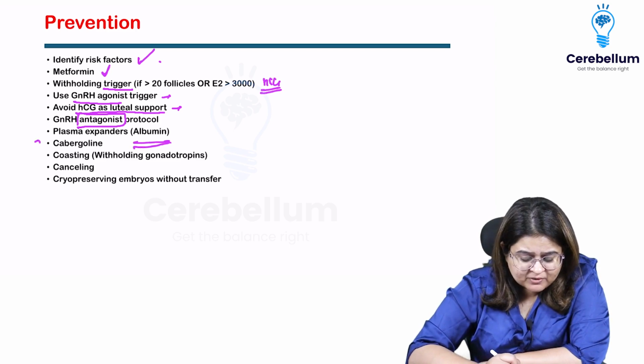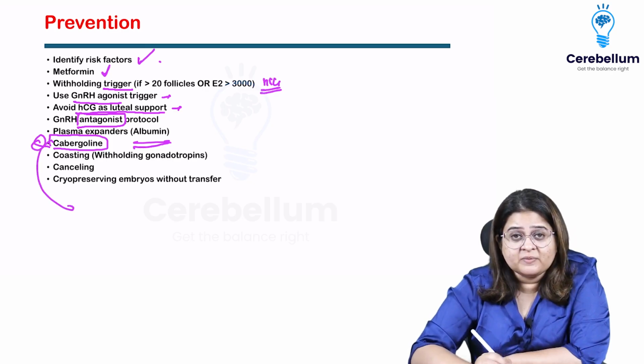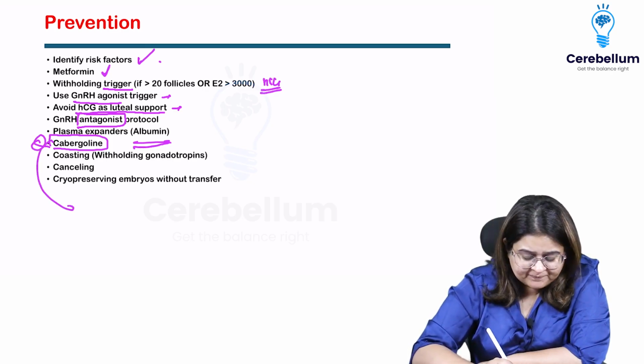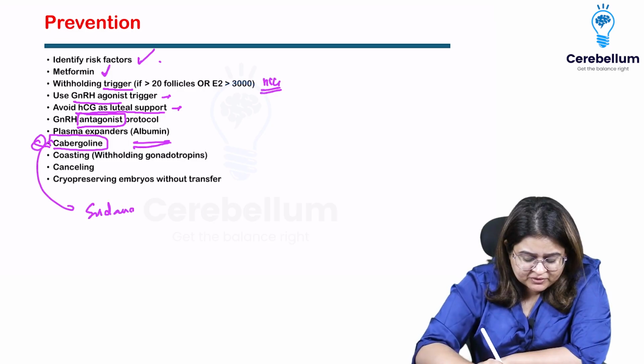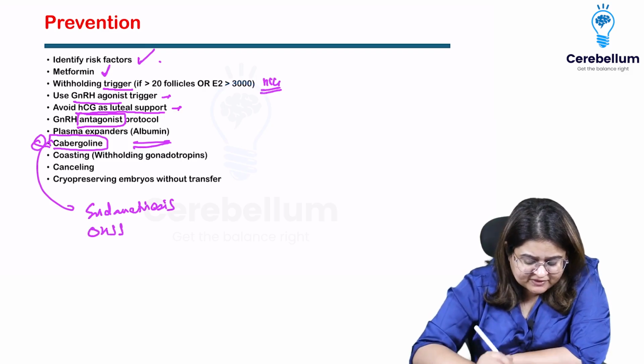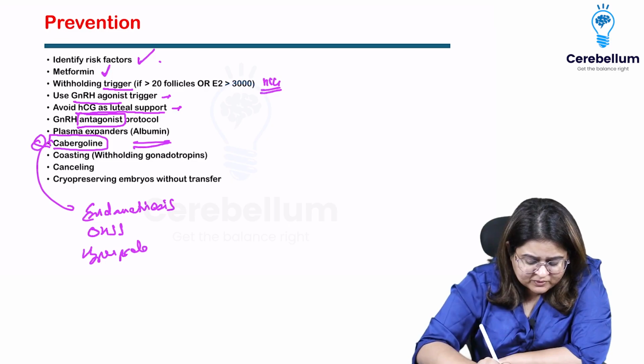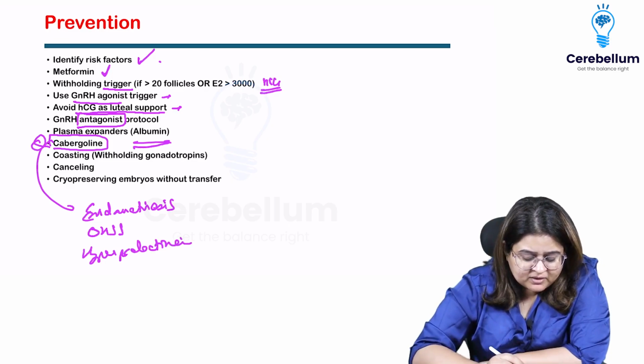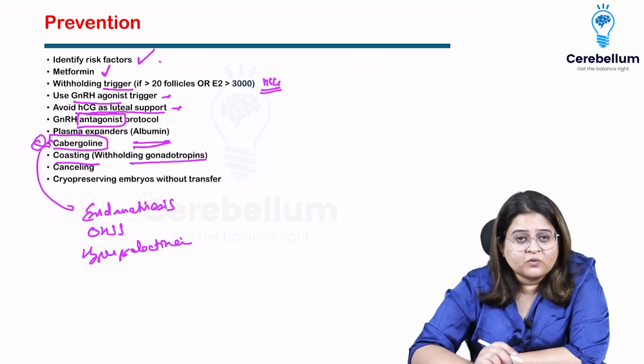Albumin helps. Cabergoline has come as a question recently. Cabergoline helps in several places in obs and gynae. It is used in endometriosis, it is used in OHSS prevention, and it is also used primarily in hyperprolactinemia. Coasting means withholding the gonadotropins.